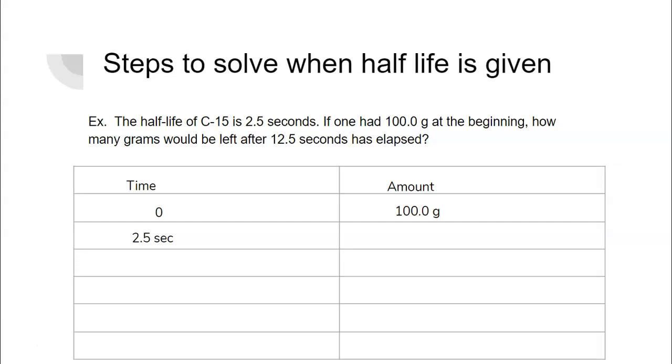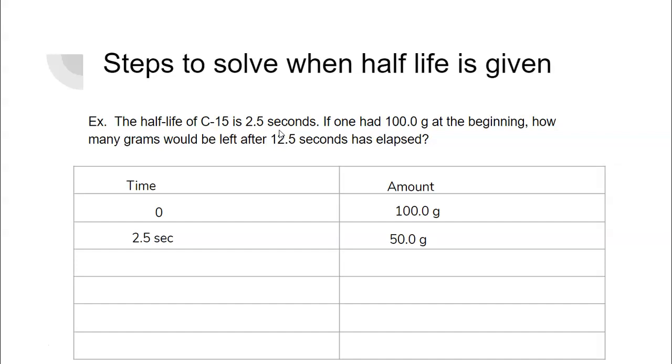In 2.5 seconds, my amount is going to lose half of its mass, which means I'm going to divide 100 by 2, and hopefully you know that that answer is 50. Now, I'm going to keep going until I get to the time that they asked me to get to, which is 12.5 seconds.